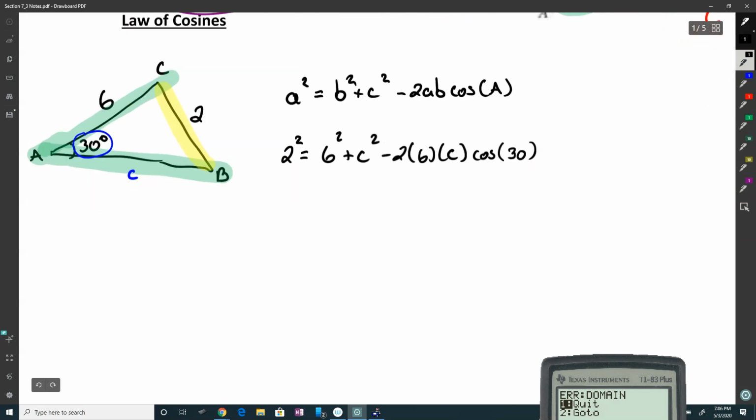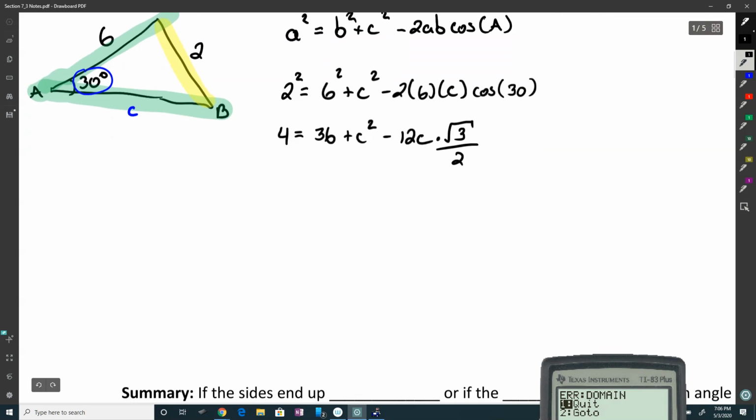Right? So we kind of work it out. We have 4 is equal to 36 plus c squared minus 12c, and then cosine of 30 is square root of 3 over 2. And I subtract 4.